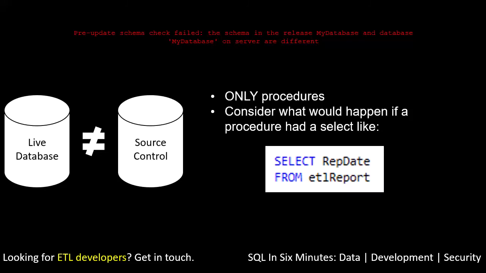And so the idea here is that if you have something that you don't change, but yet somebody does make that change, we have to think about the fact that the live database does not have those changes. We're deploying changes. Well, it picks up this source control database when it creates it and does the comparison, and it's like, oh, wait a minute, the table that was ETL report is now our date instead of rep date, and that's different than the live database, which is rep date and not our date. And so that's what's going on here.